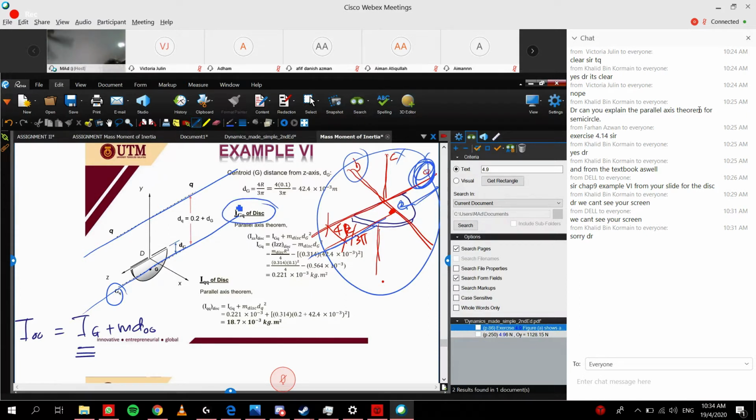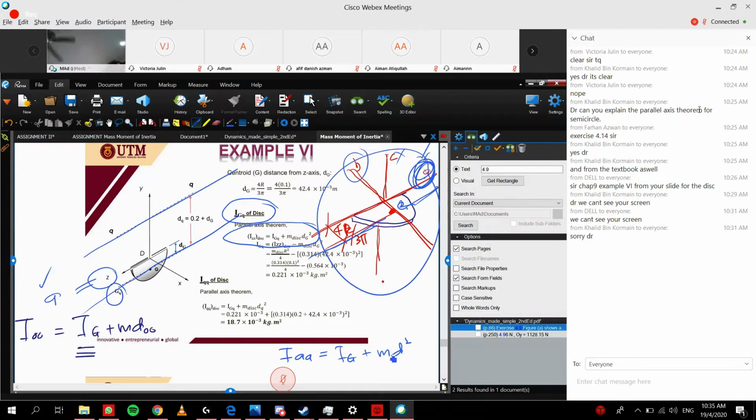Using the parallel axis theorem, I_AA is equal to I_G plus M b squared. In our problem, that is this formula. I_Z, that is your A, and the same axis, okay? This and this is the same.